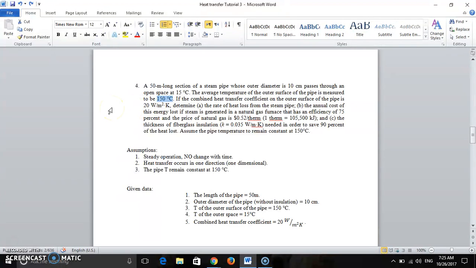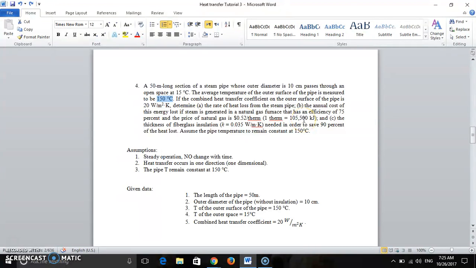We need to present some insulation in order to reduce this temperature, for safety reasons. This high temperature can cause some thermal burn or fire, anything else.